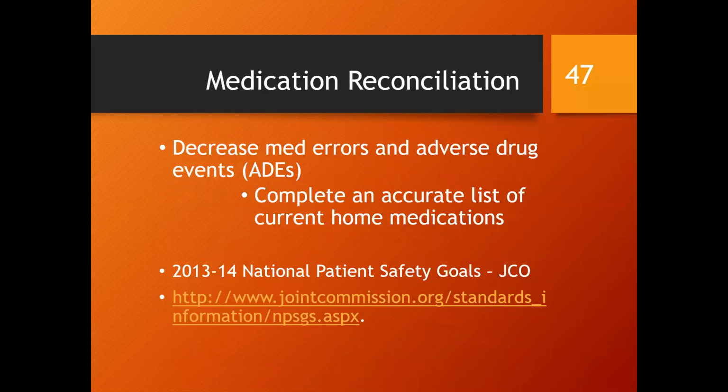Hospitals obtain a complete, accurate list of every client's current home medications and compare it to the prescriber's admission medications, if they're transferred, and to their discharge orders or medications when they go home. This helps to maintain consistency between what we're doing in the hospital and at home.